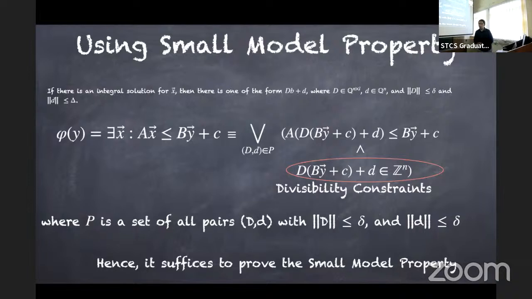Now, how is that constraint encoded? You basically pick some large M. Suppose you have a denominator here somehow. You have a bound on denominators anyway. Pick the large denominator and just check whether your numbers are divisible by that denominator. That's it. So hence it suffices to prove the small model property.